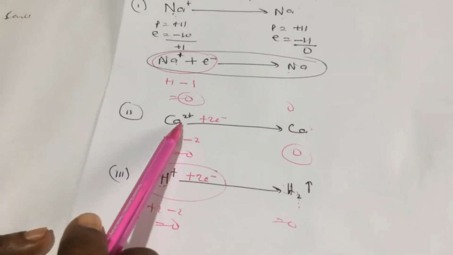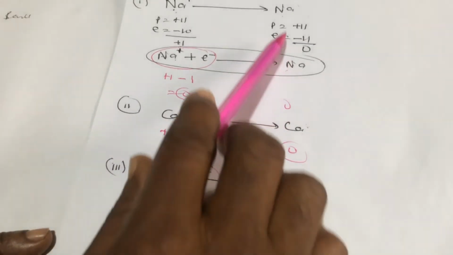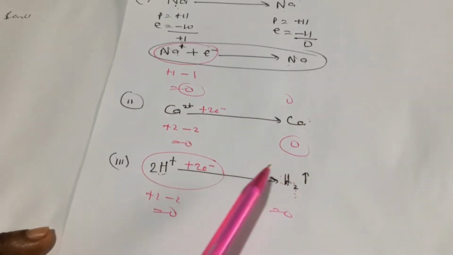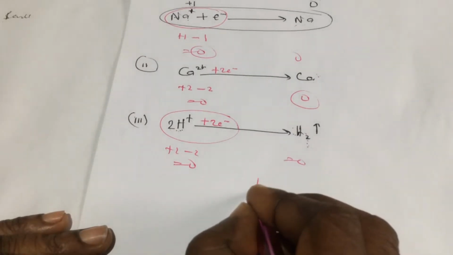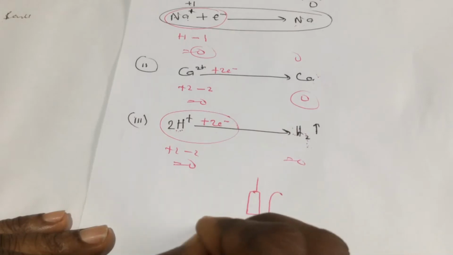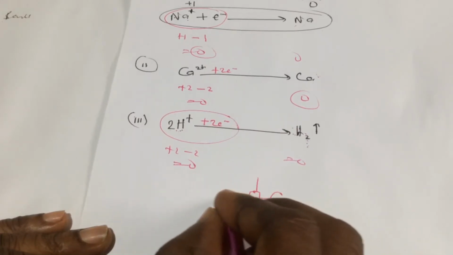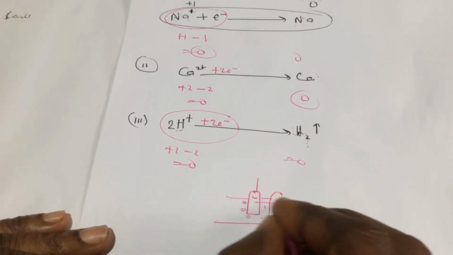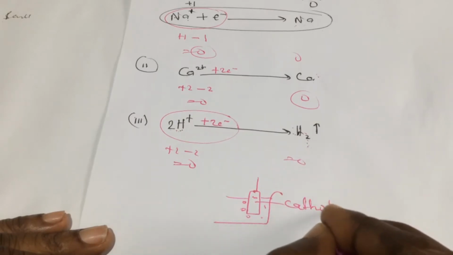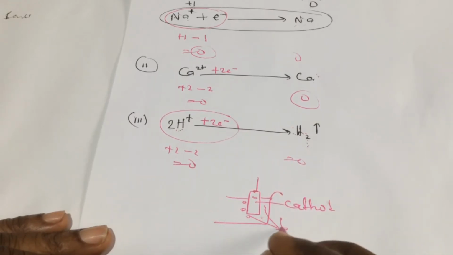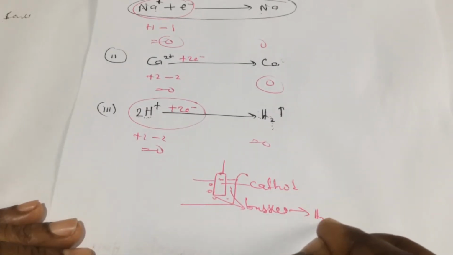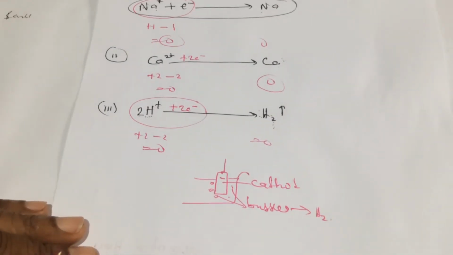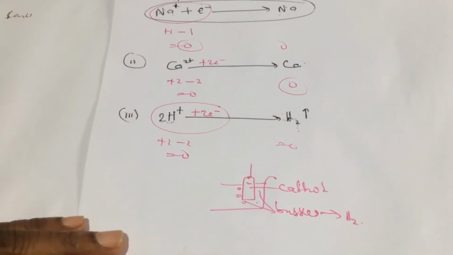The rest are metals when they are discharged, but this is a gas, right? So if you look at a particular question, especially at the cathode, and you see bubbles of gas, this gas, the bubbles, signifies hydrogen gas. Take note of that.